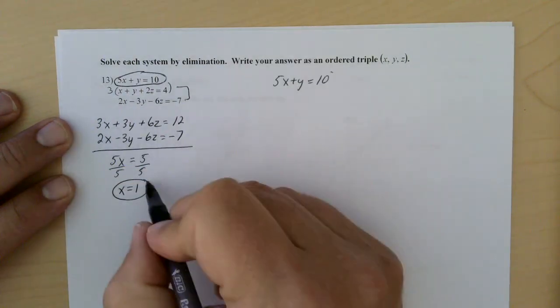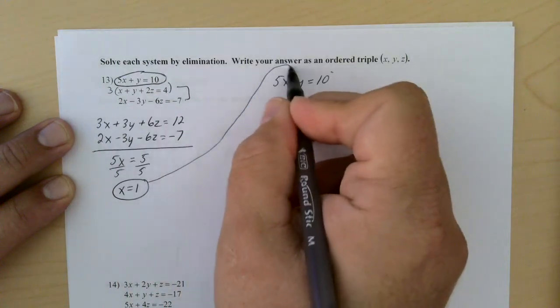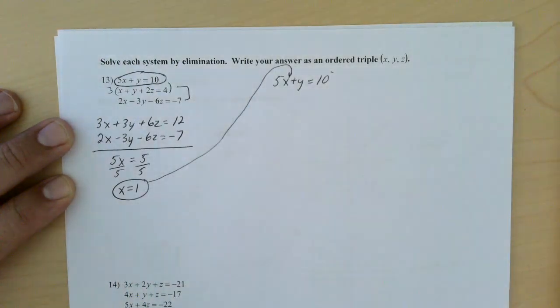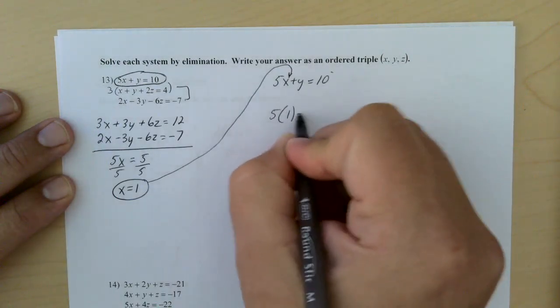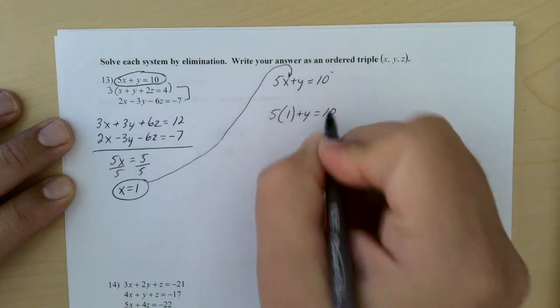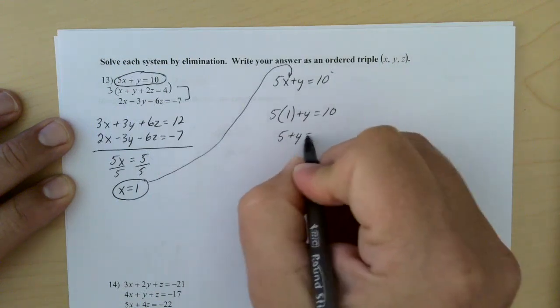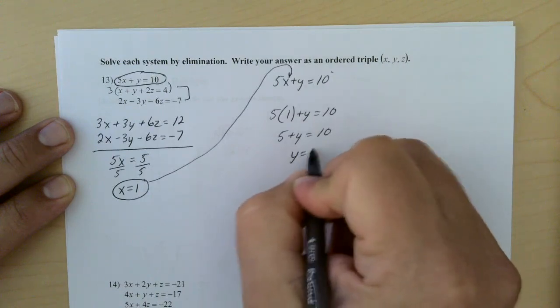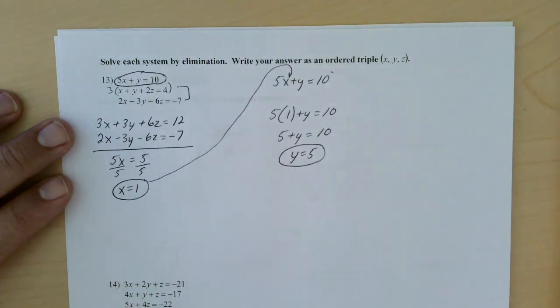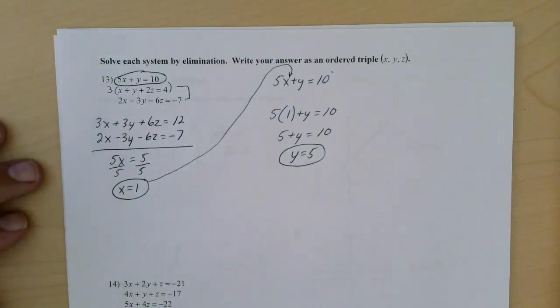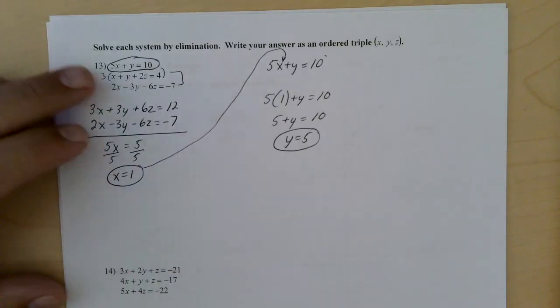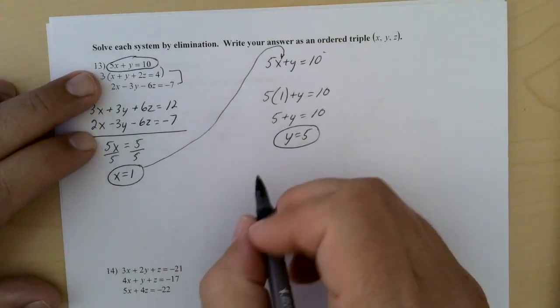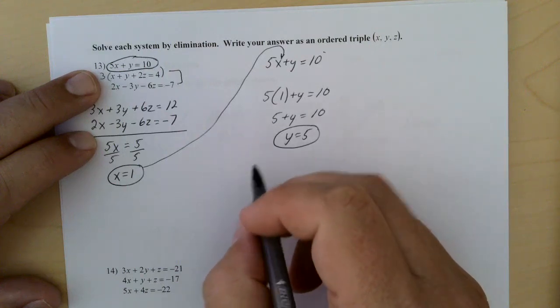Okay, which makes it very easy then to find y right away, because I'm going to plug that 1 in for x, and that's a super easy equation to solve. And just like that, I know that y is 5. Okay, now I have to go back to one of my equations with all 3 variables. I'm going to use the middle one. So the middle equation is x plus y plus 2z equals 4.